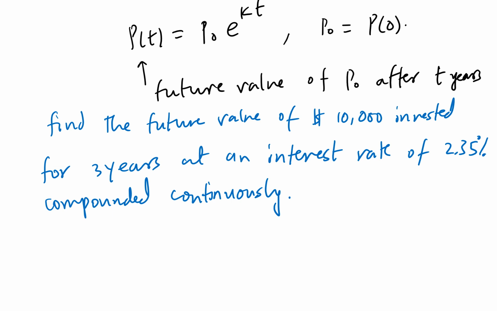So as soon as you see the words compounded continuously, it means I can use P of t equals P sub 0 e to the kt. We haven't started applying the integral yet.